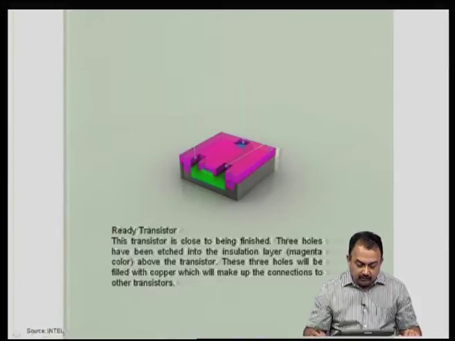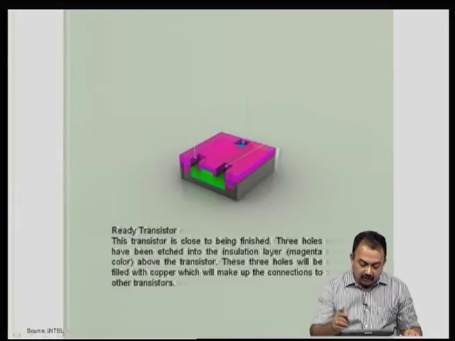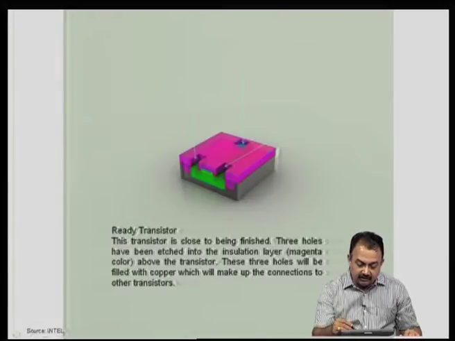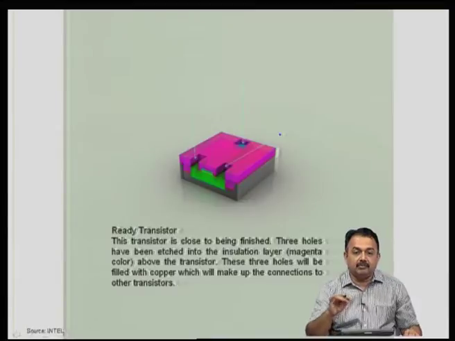Now, the transistor is close to being finished. 3 holes have been etched onto the insulating layer. This magenta material is the insulating layer. You want to insulate it because that particular process is over. So, you convert the surface into an oxide and then make it passive.